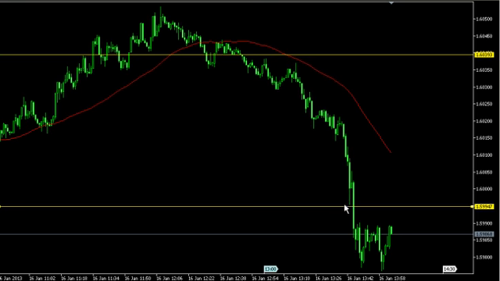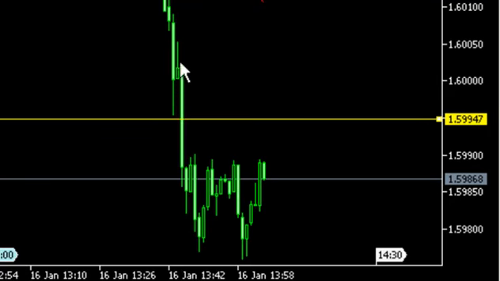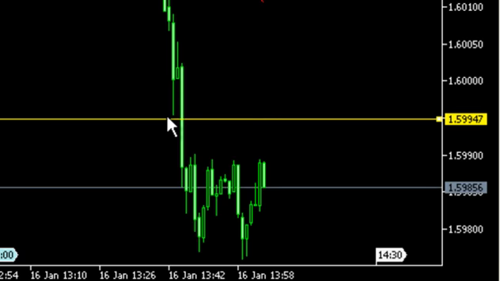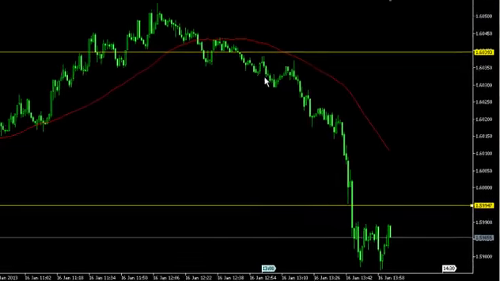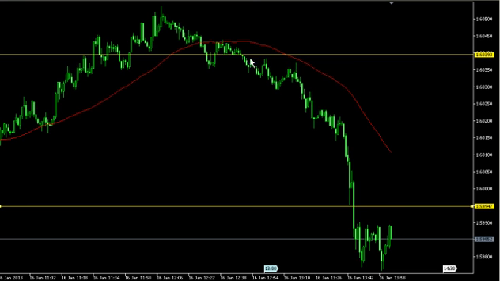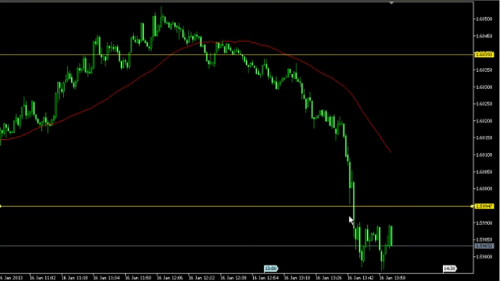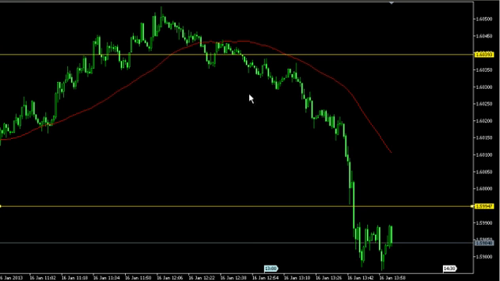But at this point here, we did get some rejection on that, so I decided to close it because I thought it was probably going to bounce from there. There was stronger support than there actually was. It's broken there. But that's the way I got that trade, and I went in at 38 and I came out at 95 for 40 pips. So nice little trade there for the day. And that's how I tend to do things.